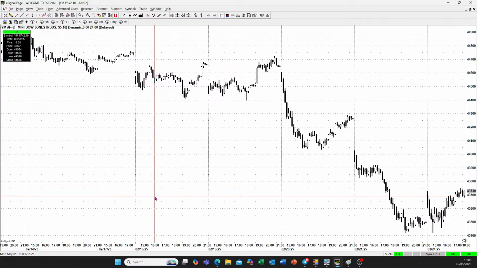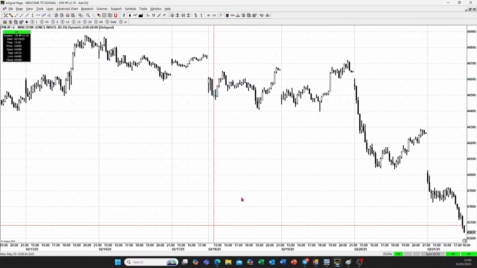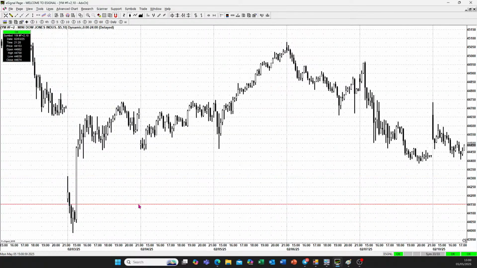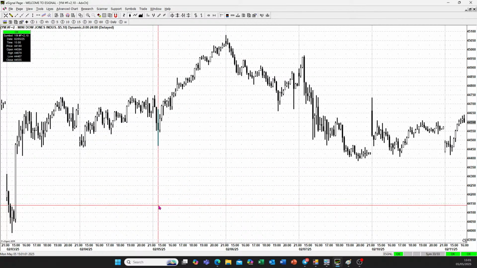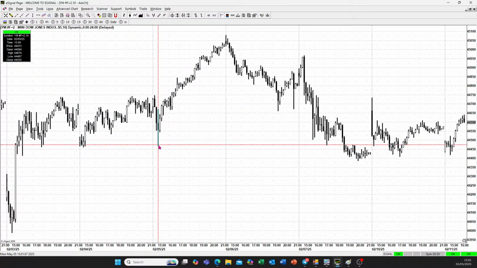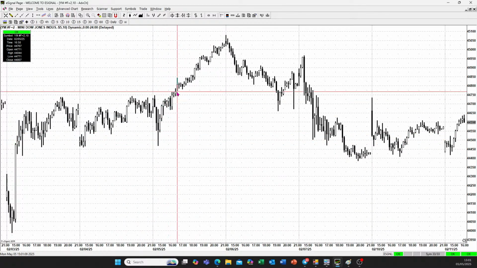I'll show you the 5th of Feb. There's the 5th of Feb spike and made new lows, but the market reverses.